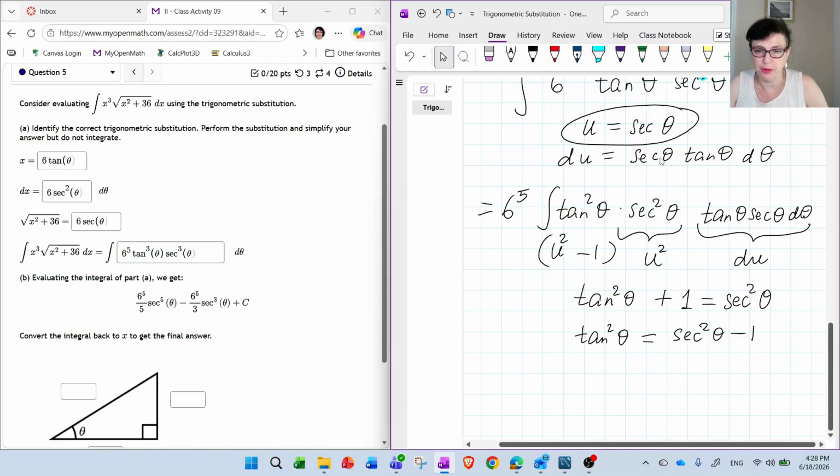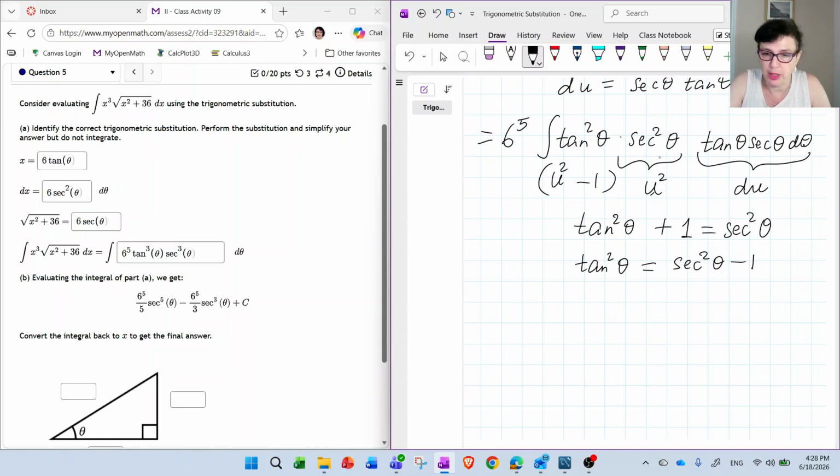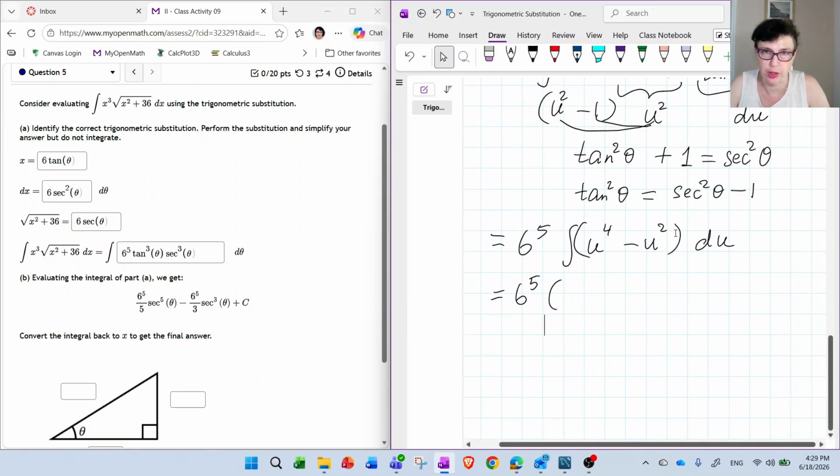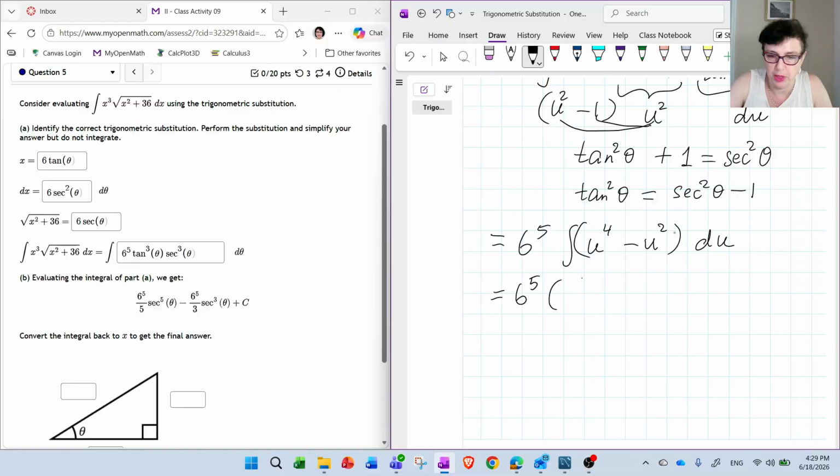Now, how do I integrate something like that? Well, I'm going to distribute the u squared to both terms. This is going to become u to the power 4 minus u squared. Then I'm going to integrate, which is pretty easy because this integral is just regular power rule. This is going to become 1/5 u to the 5, and then minus 1/3 u to the 3 plus c.